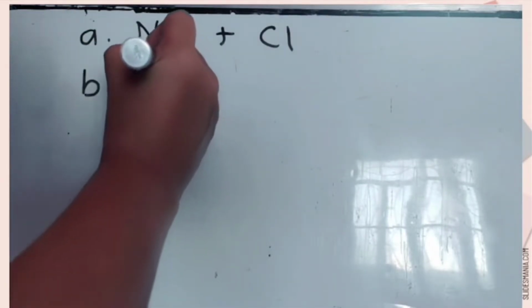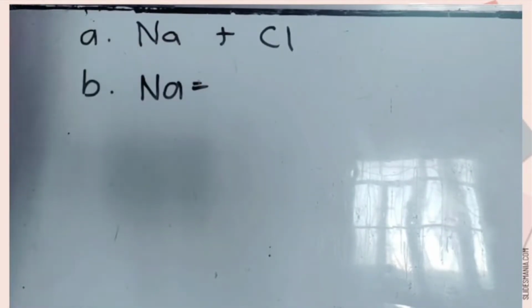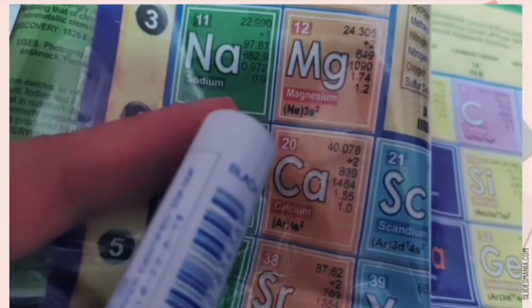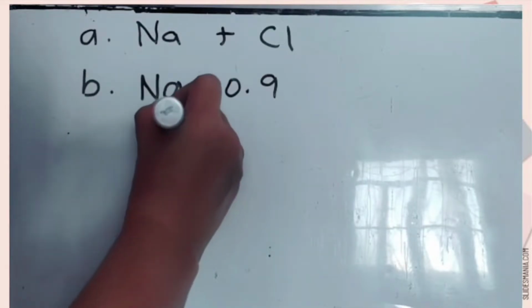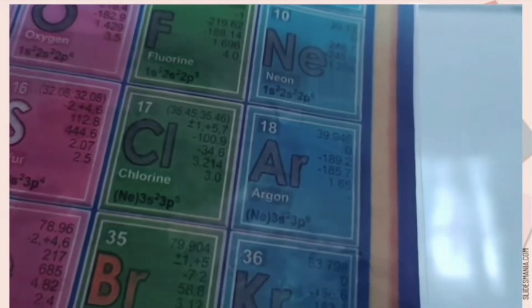So, the electronegativity value of sodium, you can look that up on your periodic table. So, the electronegativity value of sodium is 0.9. For chlorine, it's 3.0.